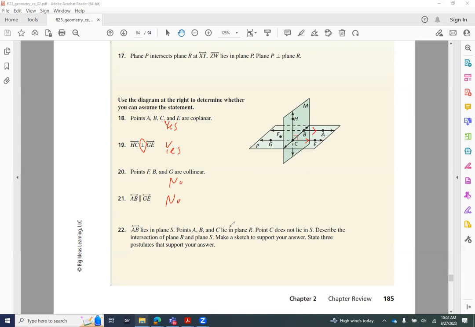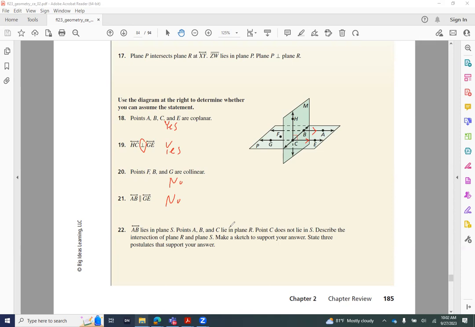All right, so think about this. Line AB lies in plane S. All right.